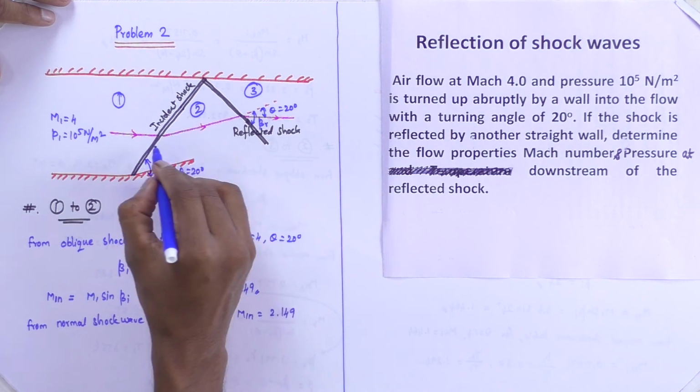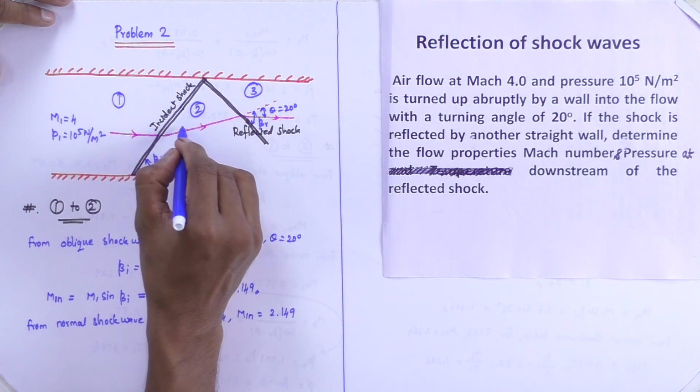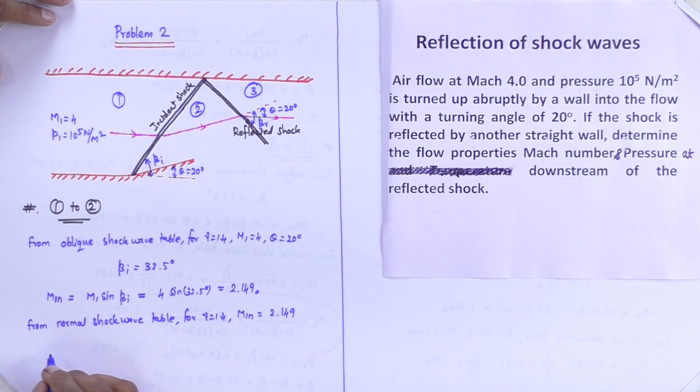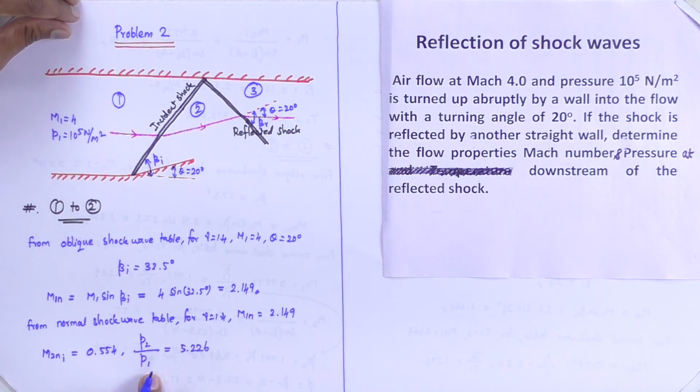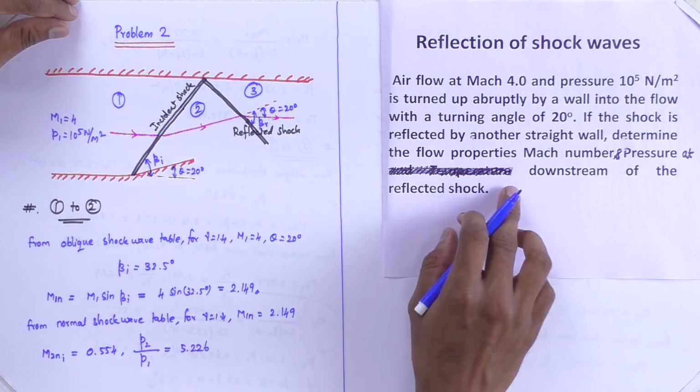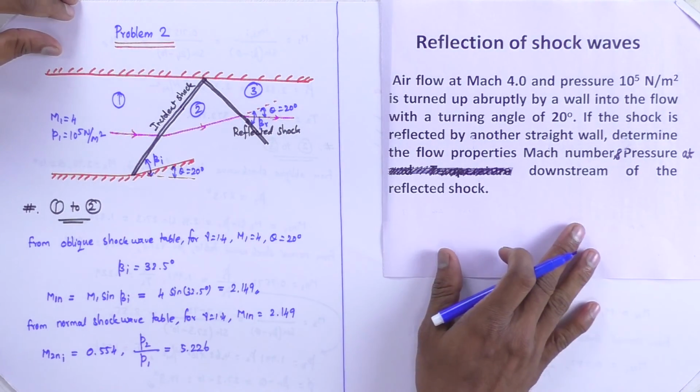We can get the downstream normal component value, M2n with respect to the incident shock, which is equal to 0.554. Then p2 by p1 is equal to 5.226. These two are enough because we need to calculate only the Mach number and pressure at region 3.